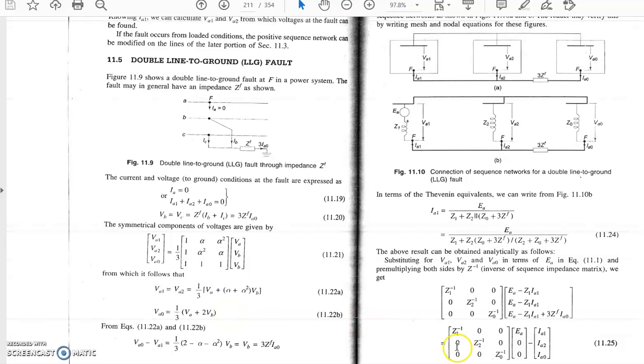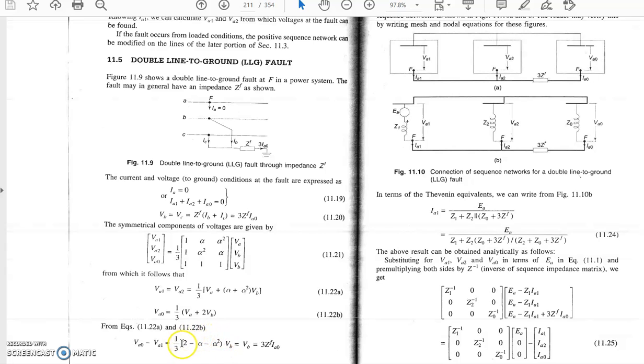So we can subtract equation 11.22a and 22b. Then VA0 minus VA1 becomes 1 by 3 of 2. VA and VA cancel. VB is common, so this becomes 2 minus alpha square into VB.